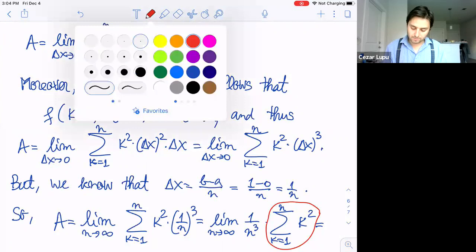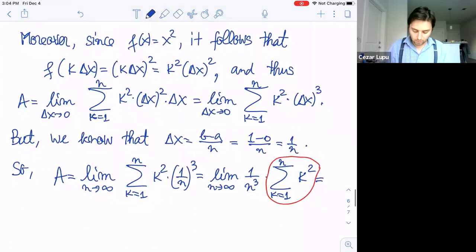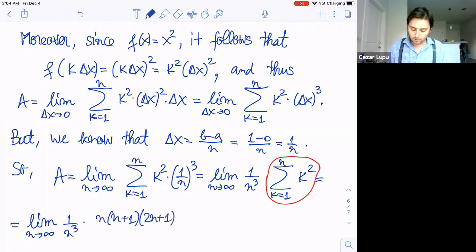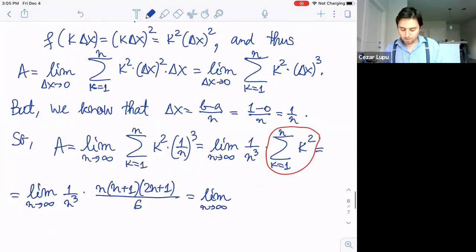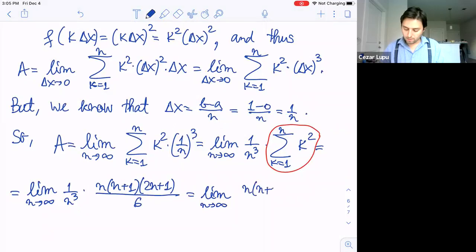This gives us that this is equal to the limit as n approaches infinity of 1 over n cubed times the sum of k squared, which is n times n plus 1 times 2n plus 1, everything over 6. So this is the limit as n approaches infinity of n times n plus 1 times 2n plus 1, everything over 6n cubed.